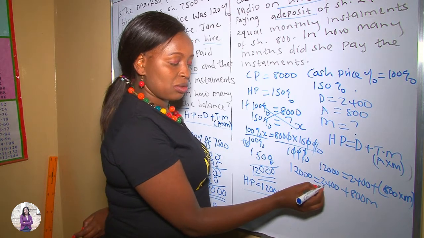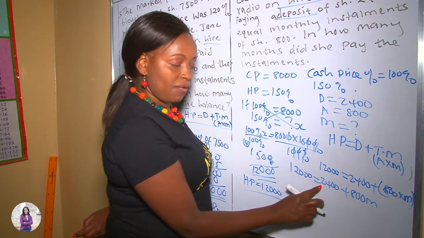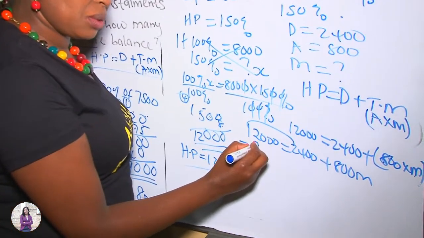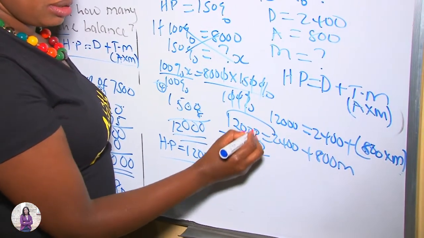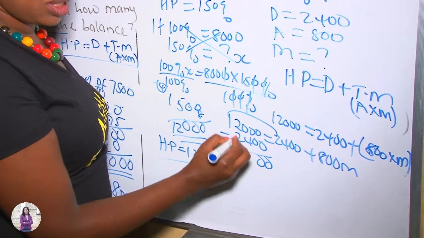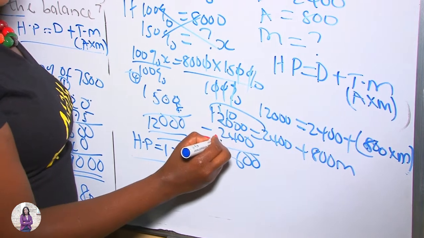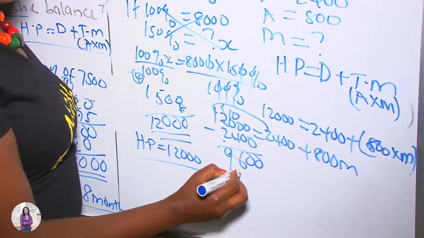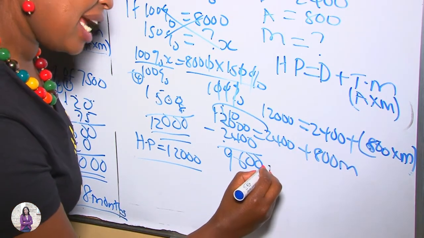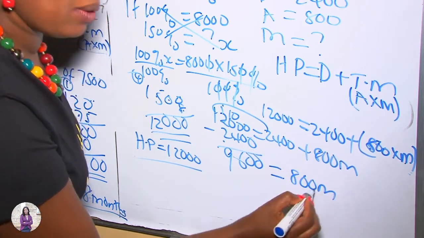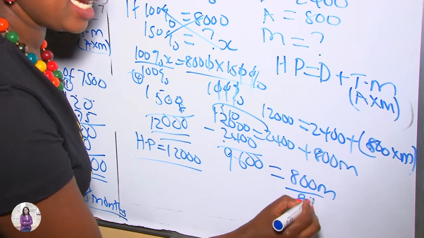Now we put like terms together. This one is positive. When it crosses to the other side, it becomes negative. So minus 2,400. 0 minus 0 is 0, 0 minus 0 is 0, carry 1, 10 minus 4 is 6, 11 minus 2, it's 9. So this 9,600 is equal to 800 M. We want our M, so we divide both sides by 800.